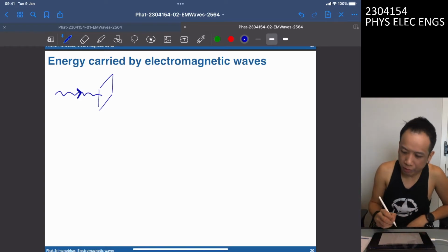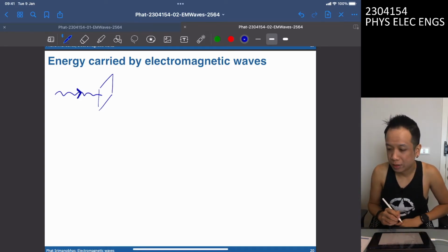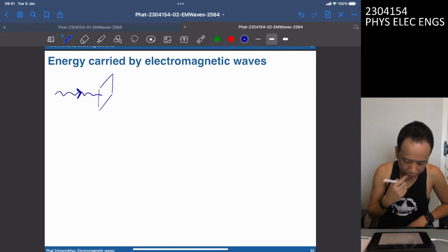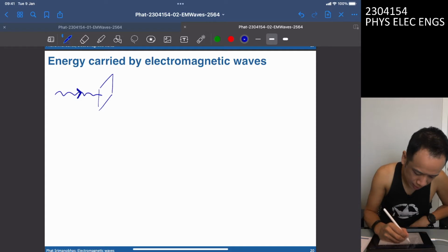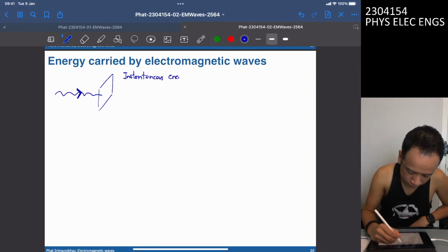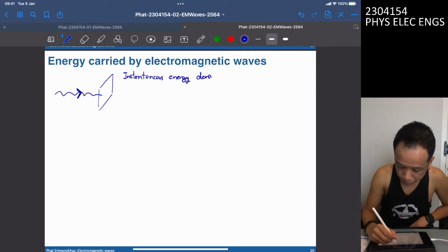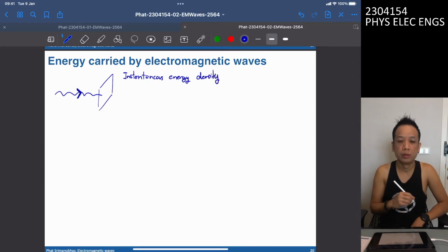Okay, but if we're talking about a certain time, the energy that the wave will give to this area is what we call the instantaneous energy densities.